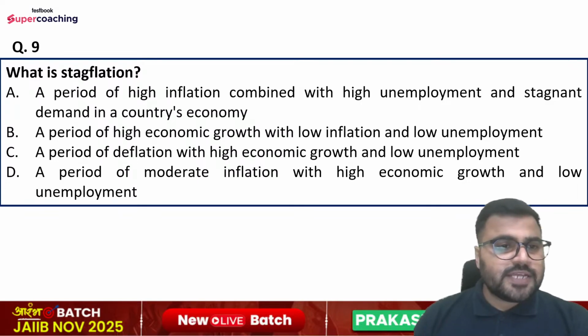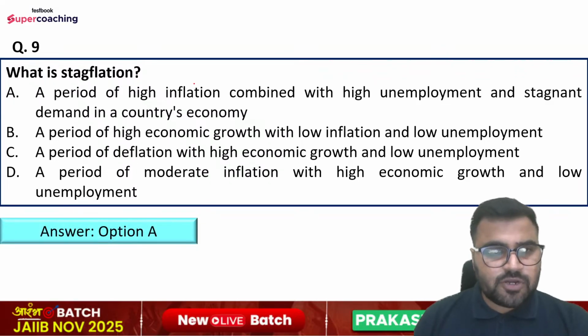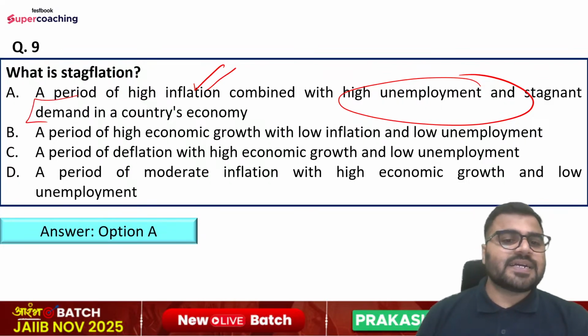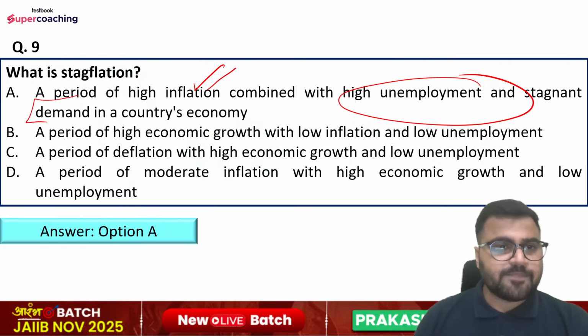Yes, do let me know, guys, what is the meaning of stagflation here? The right answer is option A. That is a period of high inflation combined with high unemployment and stagnant demand in a country's economy. Got it? So this is stagflation, that is stagnation plus inflation.